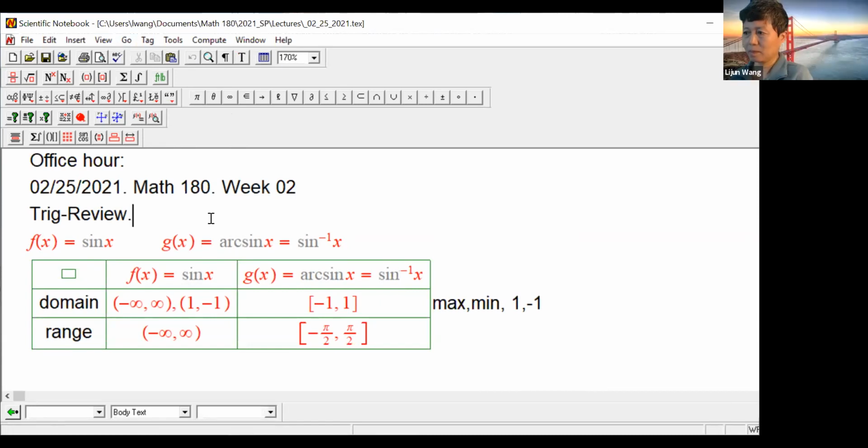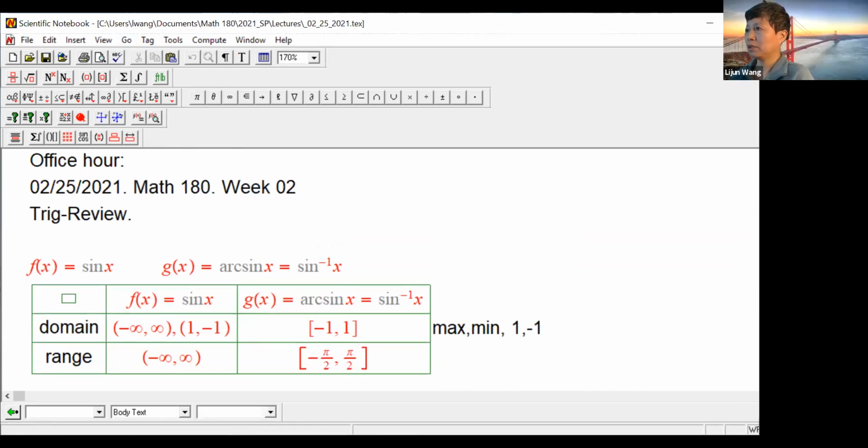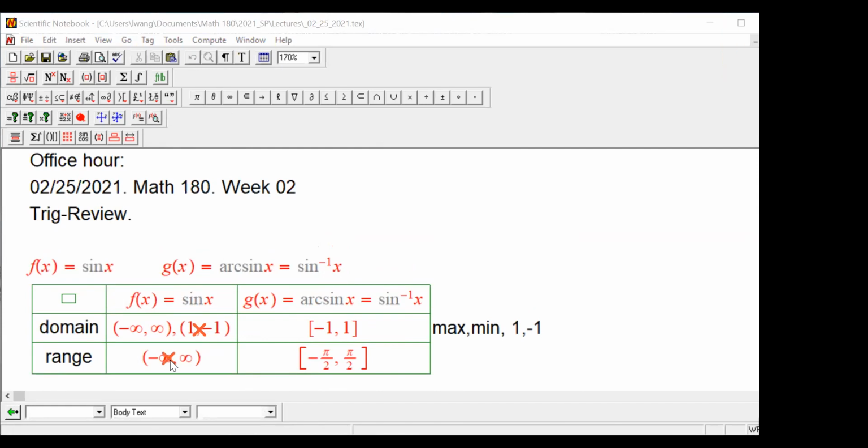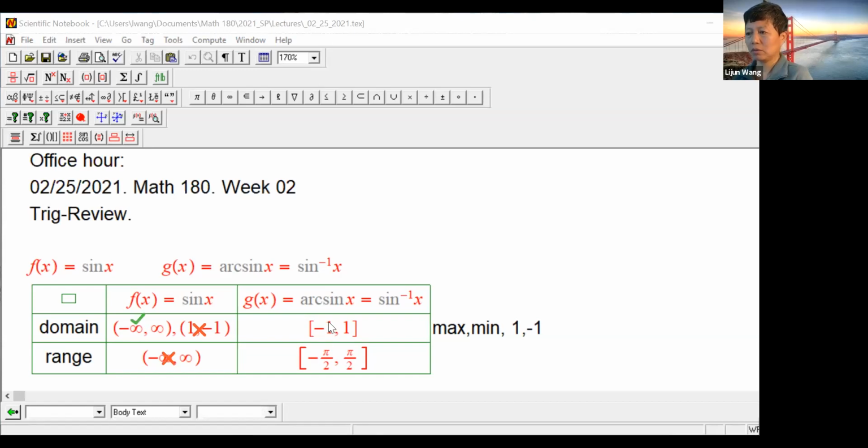All right, so let me critique it. This is wrong. This is right. That's right. Max is +1, min is -1.